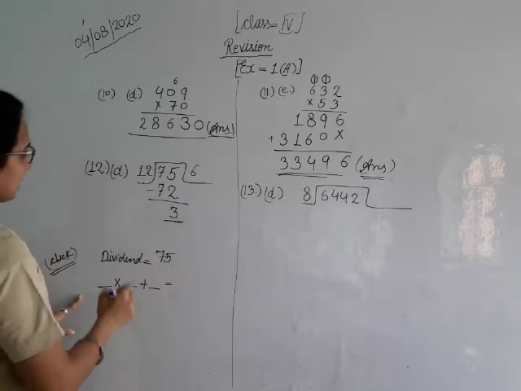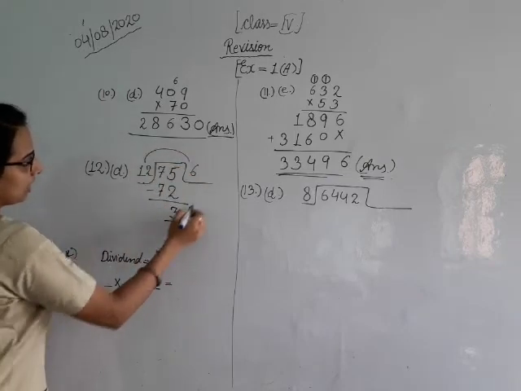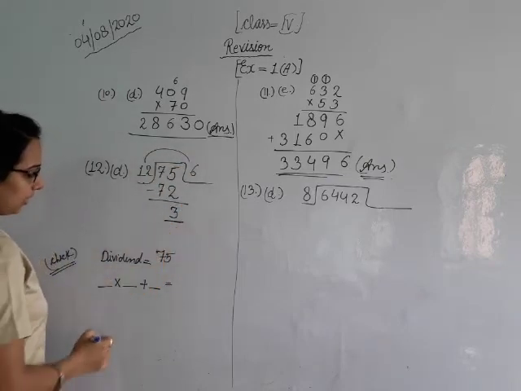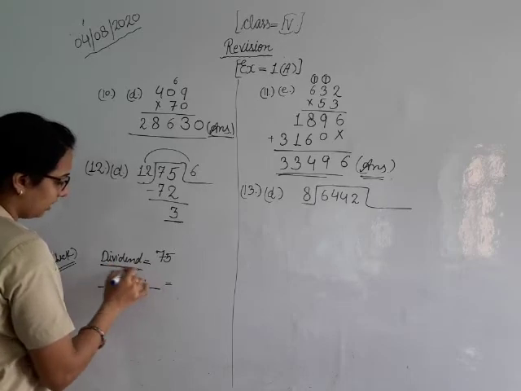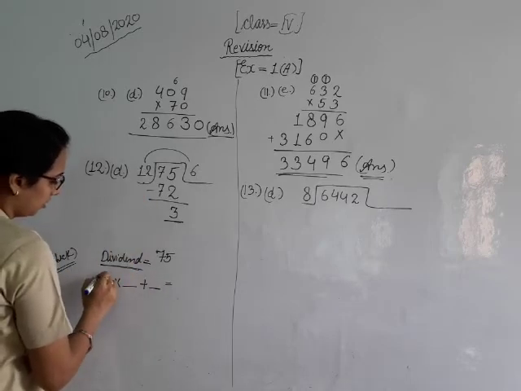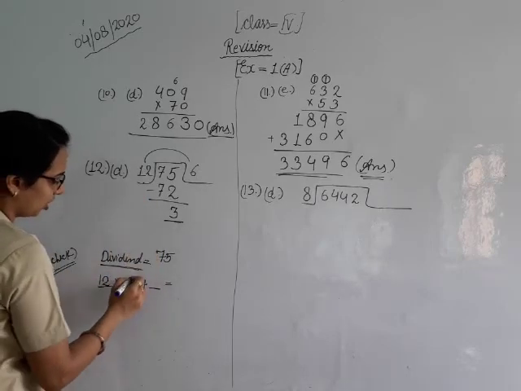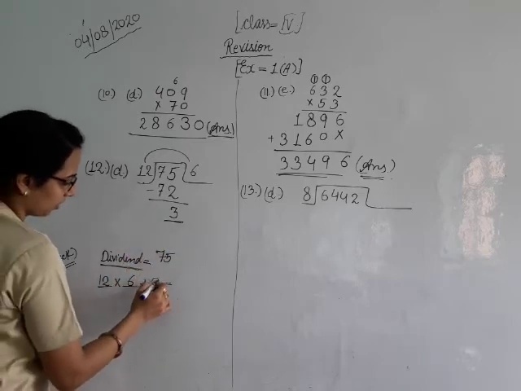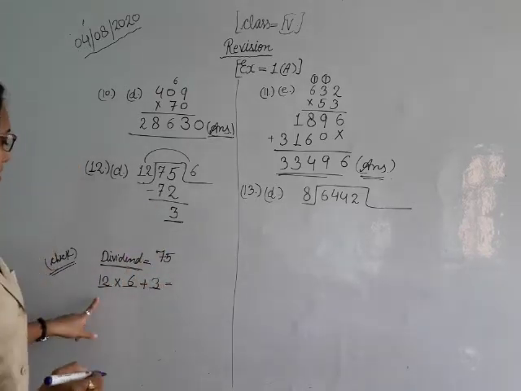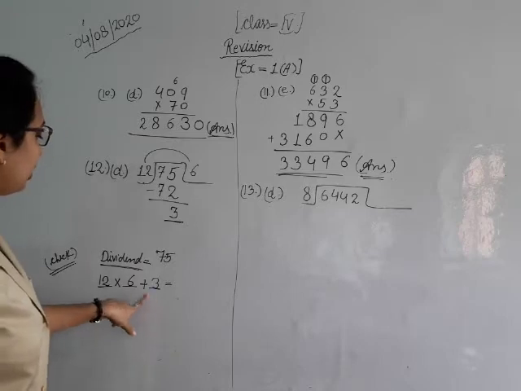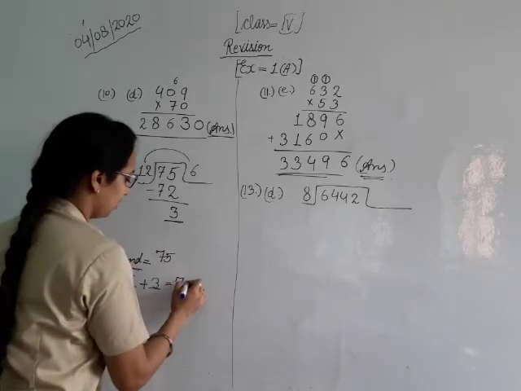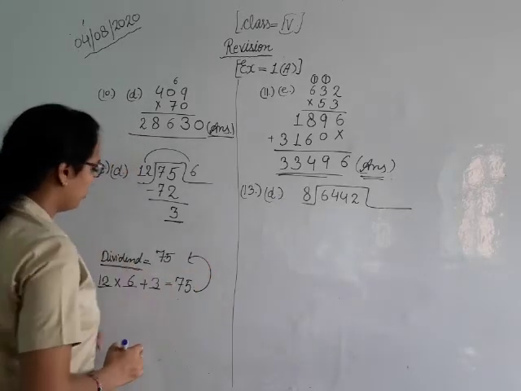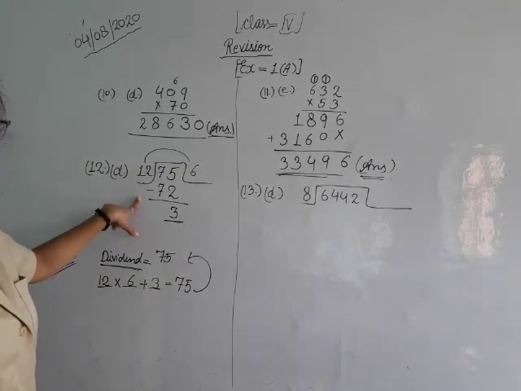So how will we check this? Multiply this by this and finally add the remainder. So to find the dividend: divisor multiplied by quotient plus remainder. Understood? So 12 6s are 72 plus 3, 75, and the same answer is our dividend. So this means it is correct.